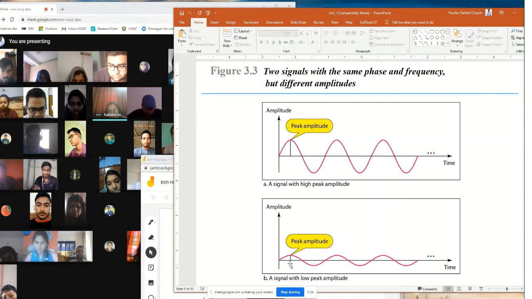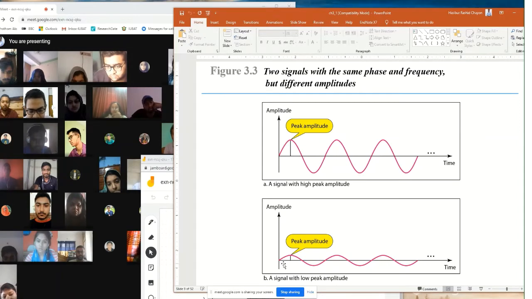You are saying that the second one's wavelength is bigger than the first one. Yes, sir. Okay, what is the reason you said that? In one cycle or in one period it can travel a longer distance than this. That is the reason, right?